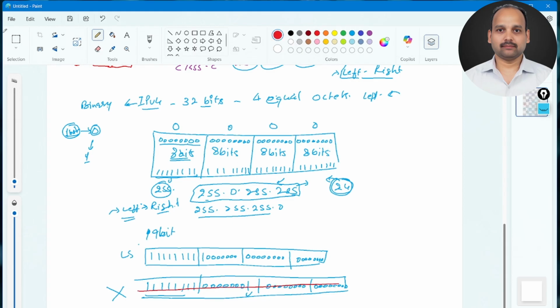This is totally wrong, because your subnet is written from left to right. So this is the right subnet and this is the wrong subnet.